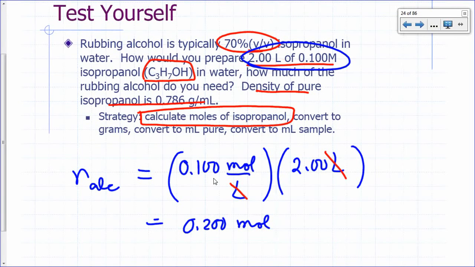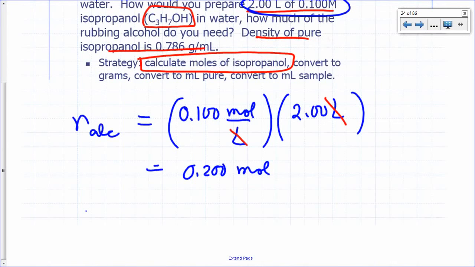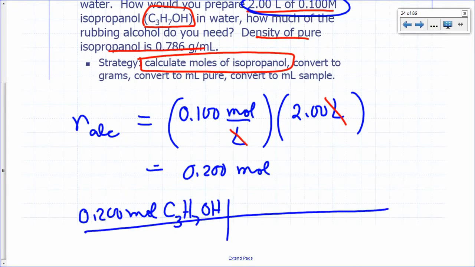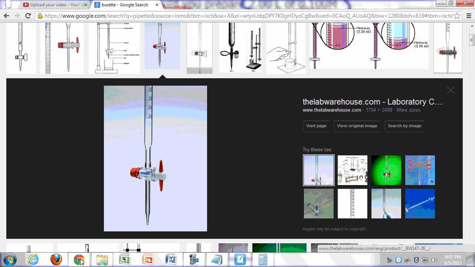Now, you change that to something you can measure in the lab, which is grams. So 0.200 moles of C3H7OH, change that to grams using grams per mole. What's the molar mass of isopropanol? Let me do a quick shortcut here.